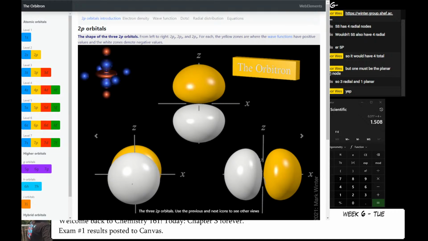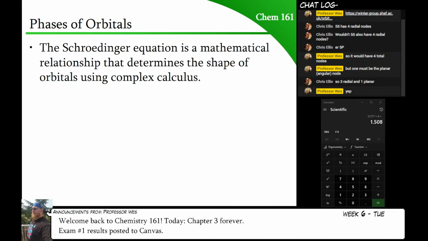Because these are three-dimensional equations that are modeled using math, when you solve any equation, such as, say, a sine wave here, you have some regions that are positive and others that are negative, right? Those are going to be the phases of the orbitals.